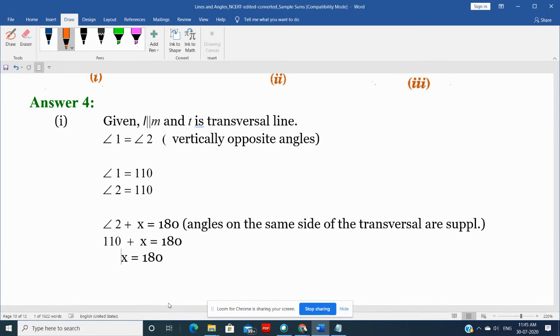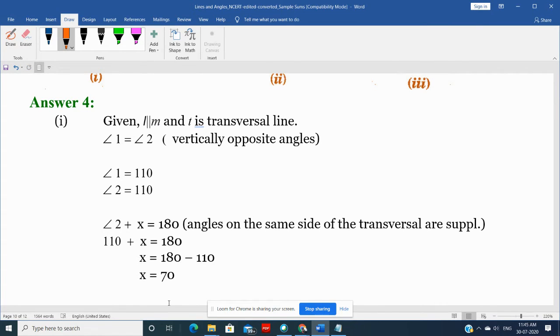So x is equal to 180 minus 110, and that gives me 70. So we got this value: x is equal to 70.